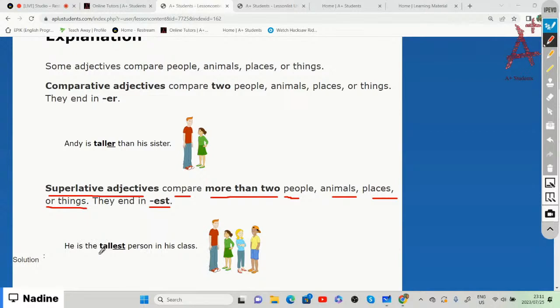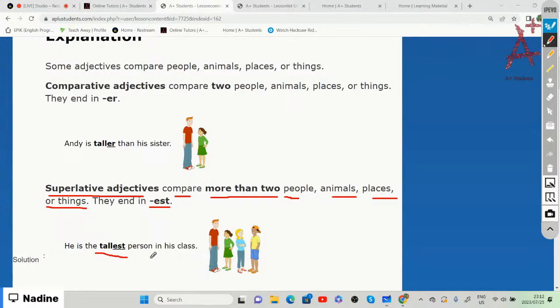He is the tallest person in his class, which means that he is now being compared to everybody else in the class. So he is the tallest. We can't say he's a taller person in class. We can't say he is the tall person in class.